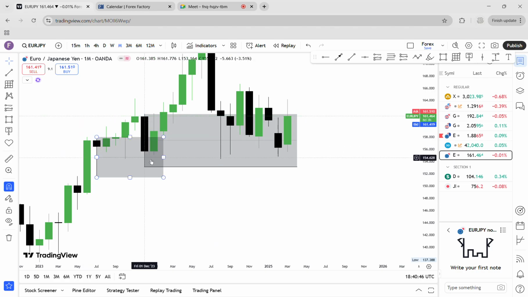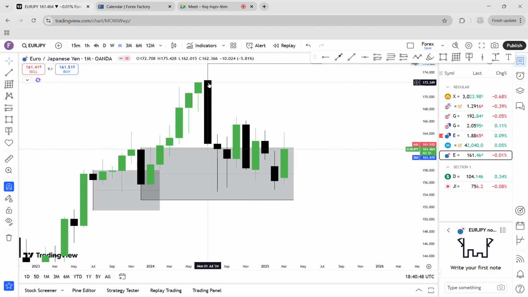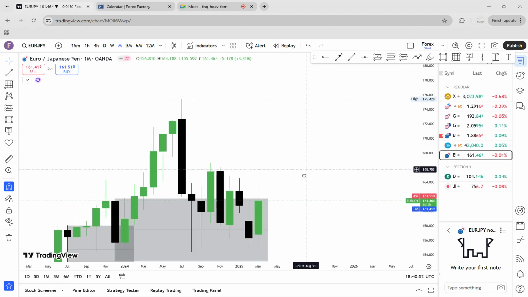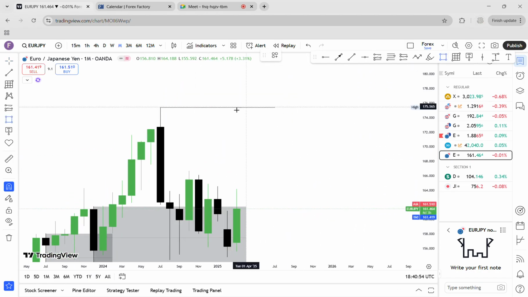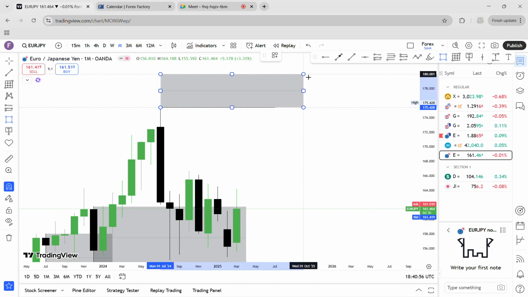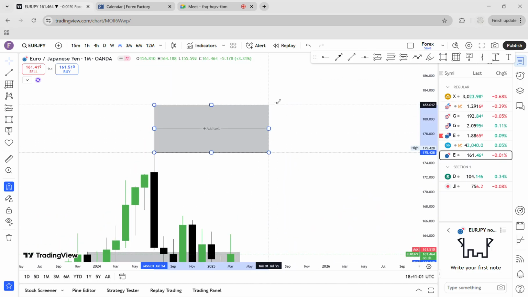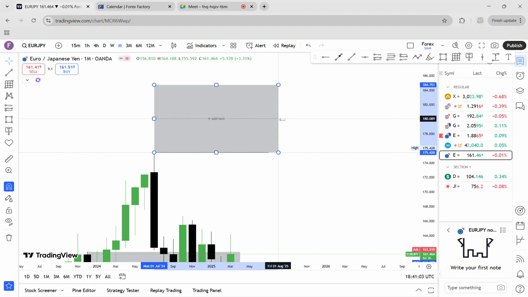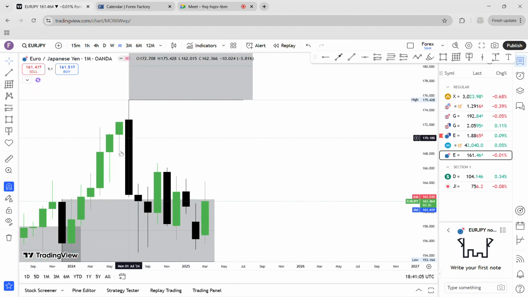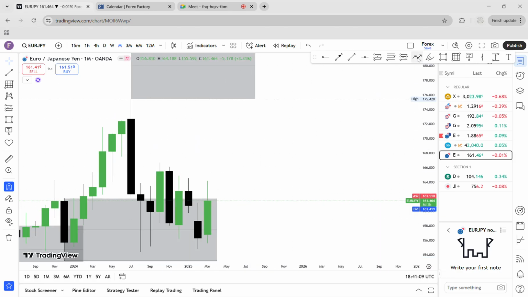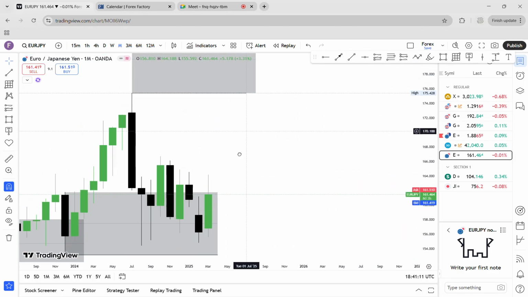Here price pulled back, now again we move higher, now price pulled back to this area, so we expect a push up, because above this area will now be buyers' chance, because right now buyers pushed this market higher, so we expect buyers to also push this market higher.